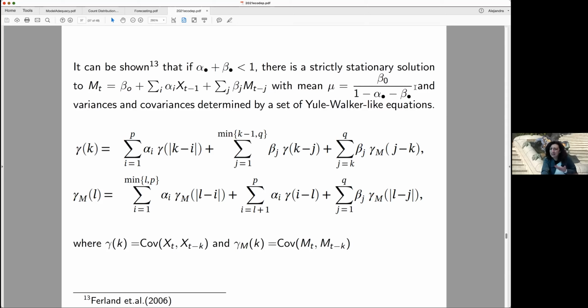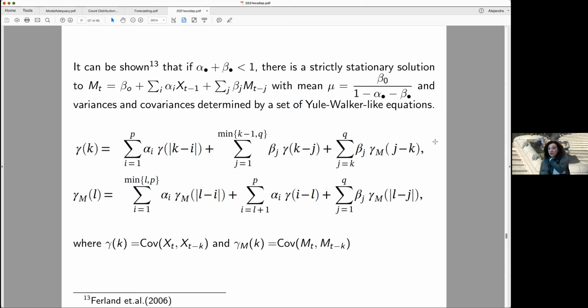This is just the same thing that happens with a real GARCH. Okay, and variances and covariances are determined by a set of Yule-Walker equations.